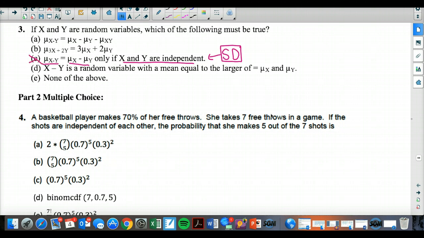So this answer is actually wrong. Means, you can calculate a difference in means, but you cannot calculate standard deviation unless you can assume independence. You must know that they are independent. So I'm going to throw out none of the above because there's a good answer here. So now I've narrowed it down to 3 possibilities.